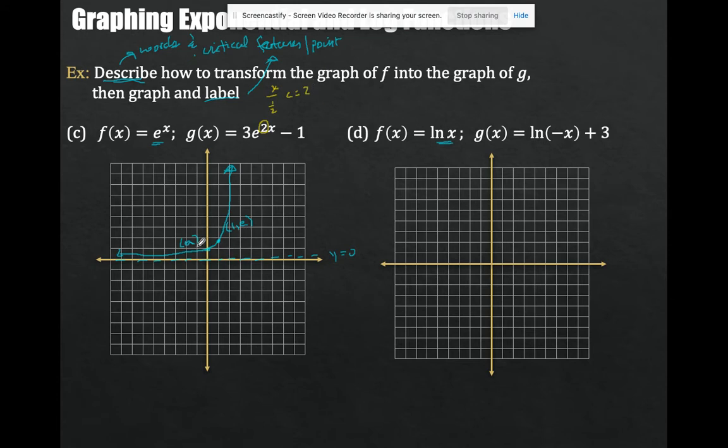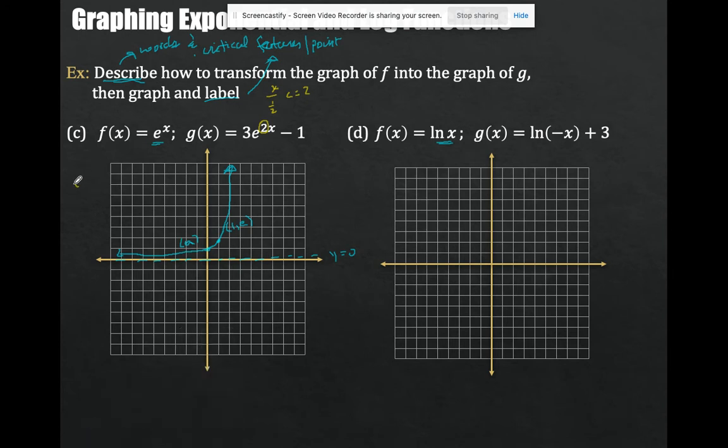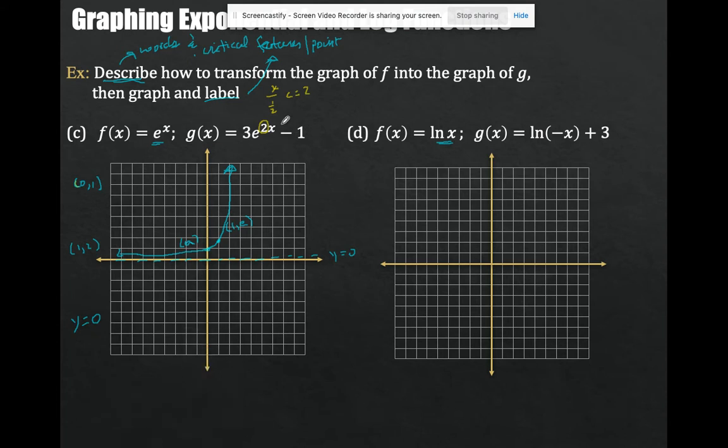So each one of these points, (0, 1) and (1, 2.7), and y equals 0. Critical points, critical features. Where did they go? So every x was multiplied by 1/2.